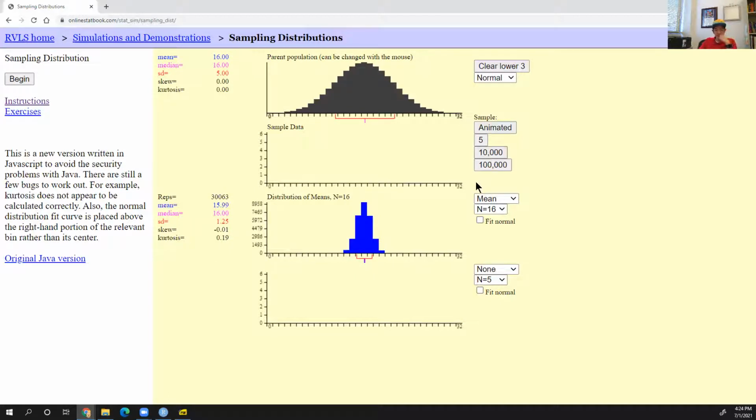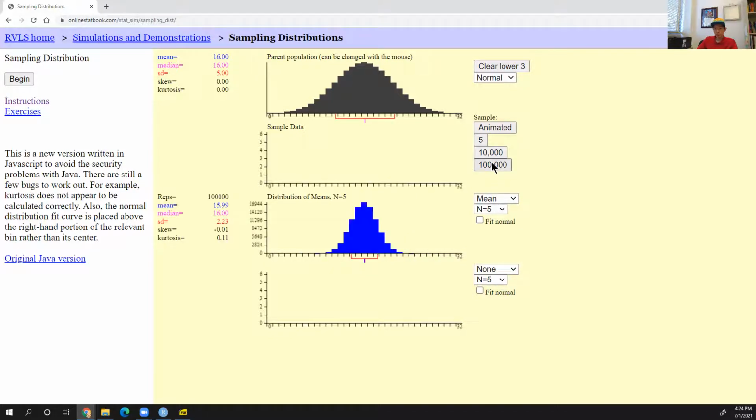All right. So let's just do a quick comparison. When we had n equal to 5, it looked like this. With n equal to 16, it looks like this. And if I go up to n equal to 25, it looks like that. It's a little bit difficult, but what we see is that with smaller samples, with n equal to 2, the resulting sampling distribution is wider.